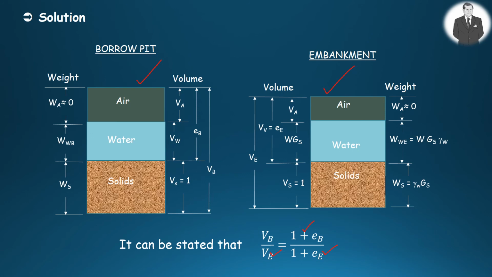What we don't know is the void ratio of soil from borrow pit. If we determine E sub B, then we can simply calculate the volume of soil to be taken from borrow pit.